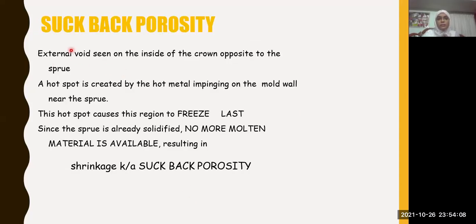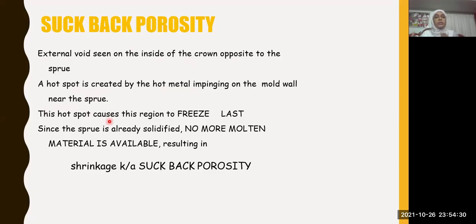Next is suckback porosity, which is seen as an external void on the inside of the crown opposite to the sprue. This is mainly due to the hot spot which gets created by the hot metal impinging on the mold wall near the sprue, because it is this hot spot which is the last to freeze.